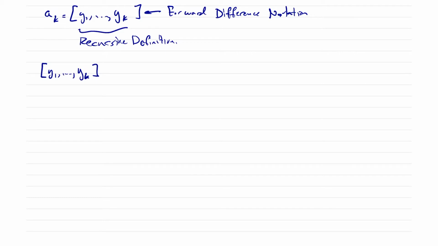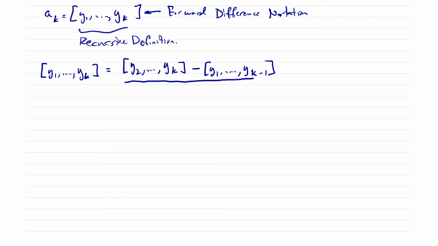So y1 up to yk is going to be equal to, say, y2 up to yk minus y1 up to yk minus 1. And we're going to divide this by xk minus x1.